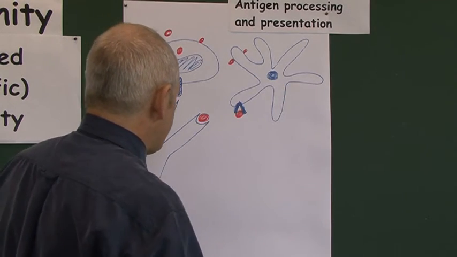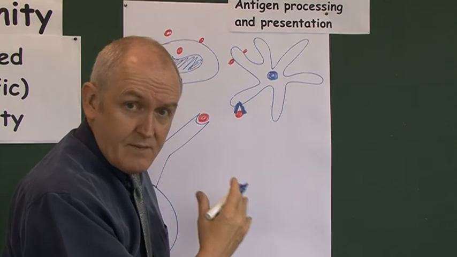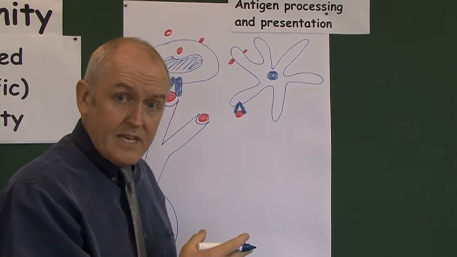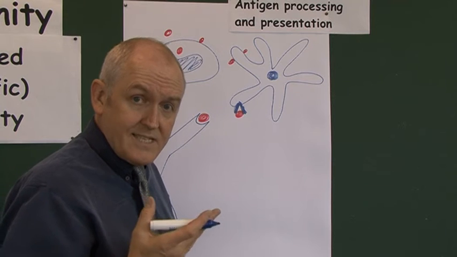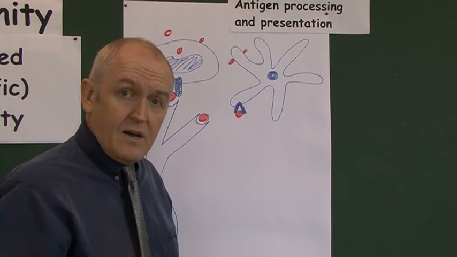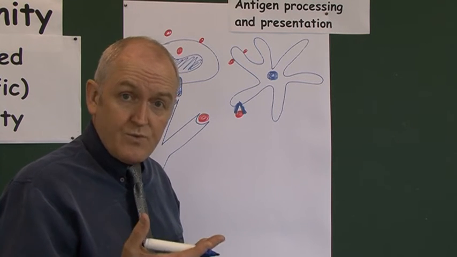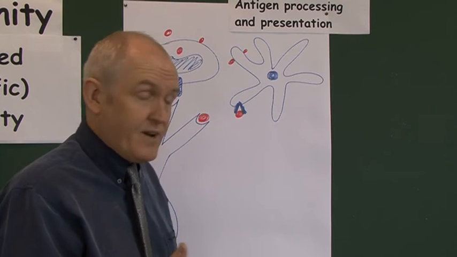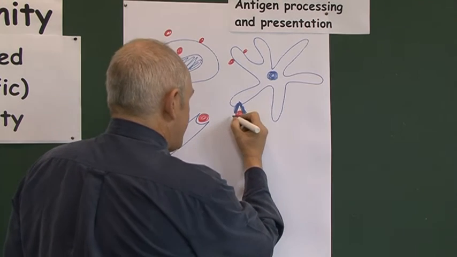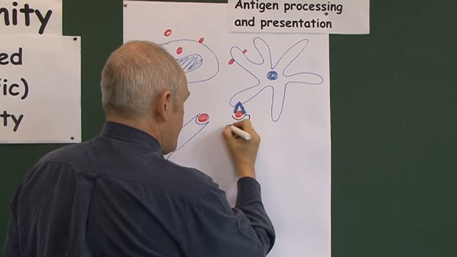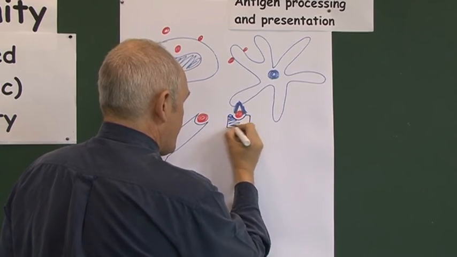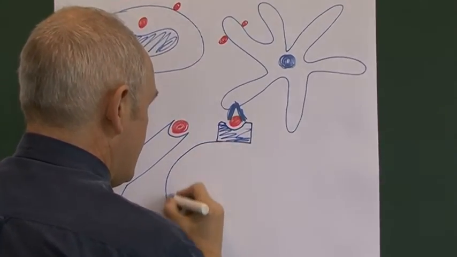So on the surface of T cells, they don't have antibodies. Only the B cells have that. But on the surface of all the T cells, there are protein molecules which will recognise the presence of antigen, exclusively the receptors on the surface of T cells. Here's the T cell here.